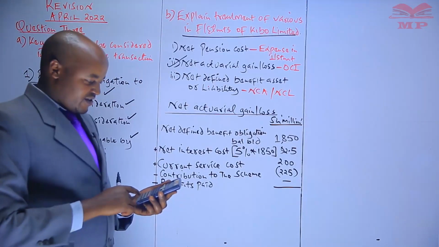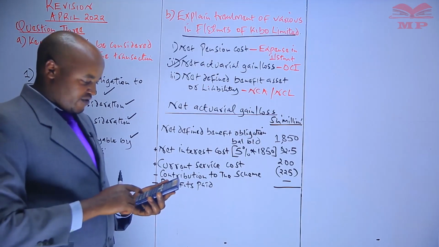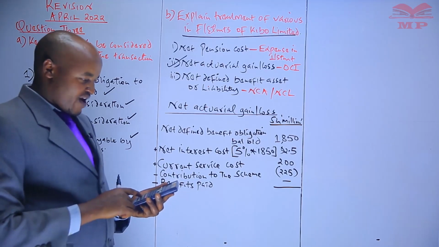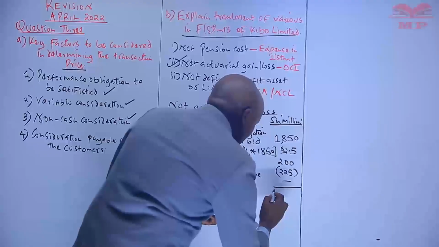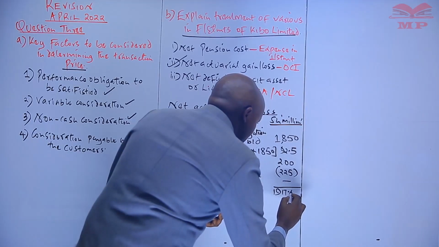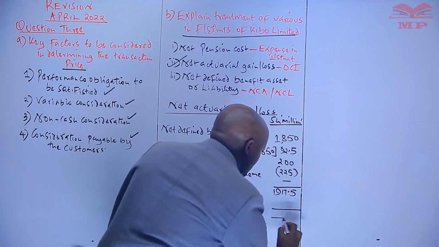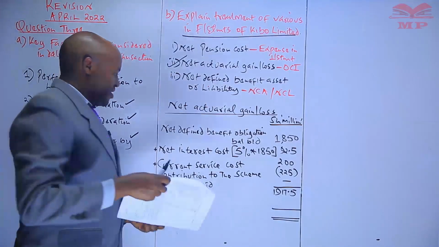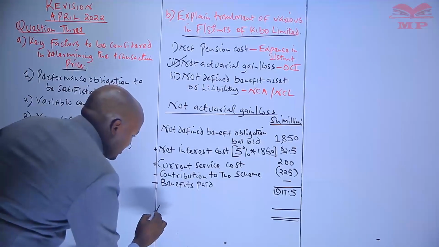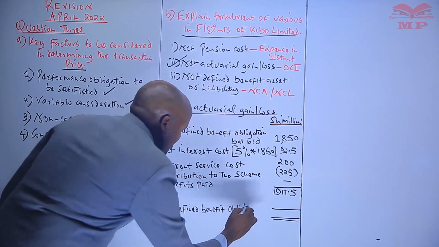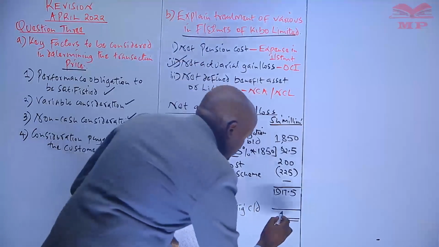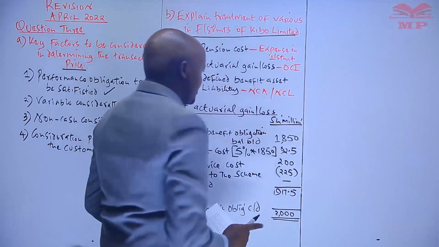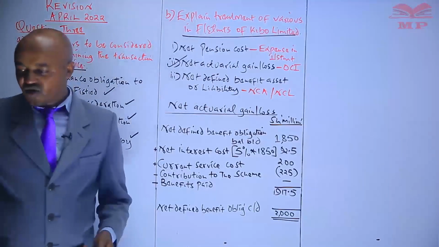So we take 1850 plus 92.5 plus 200, less 225, and that will give us 1917.5. Then we need to compare this with the net defined benefit obligation at the end of the year, and this is the amount which you are given as 2,000.